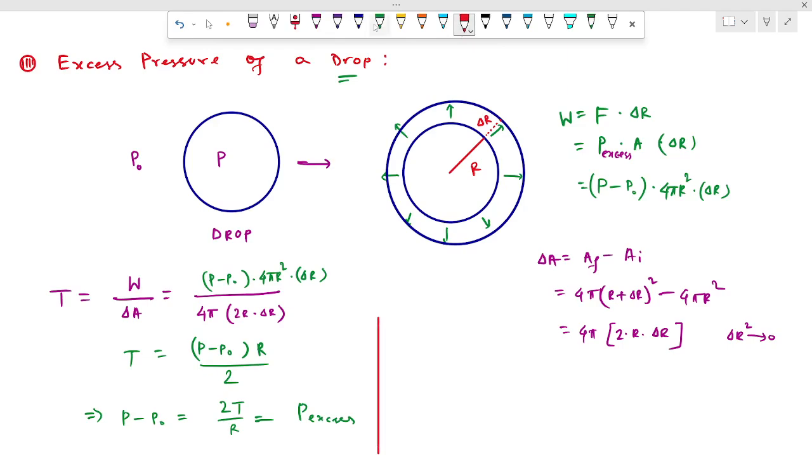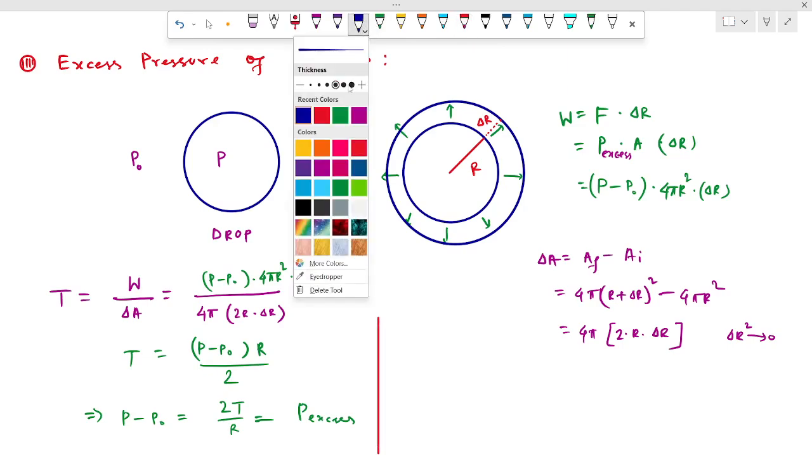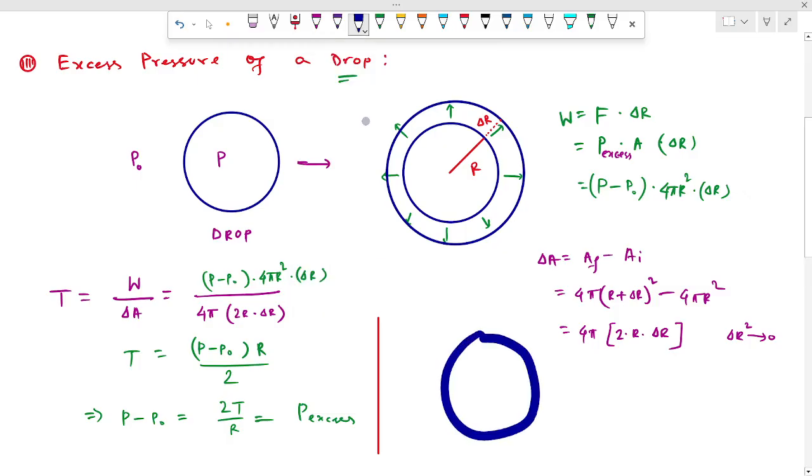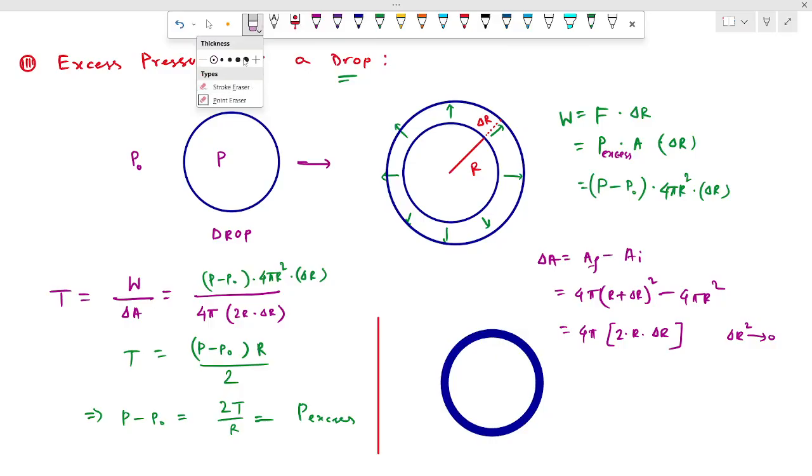What message do we get? The message is, whenever we are entering into a drop or a spherical surface, there is a change in pressure.